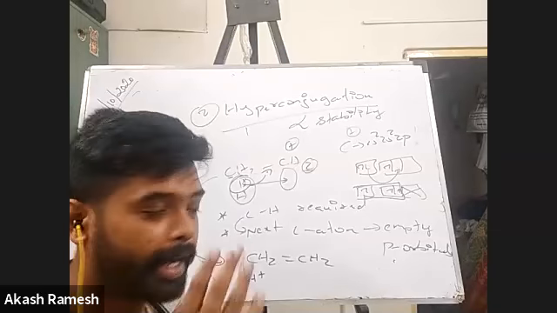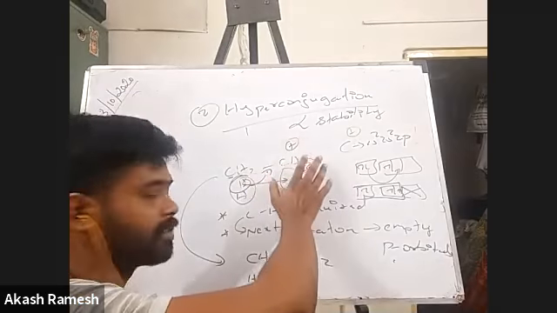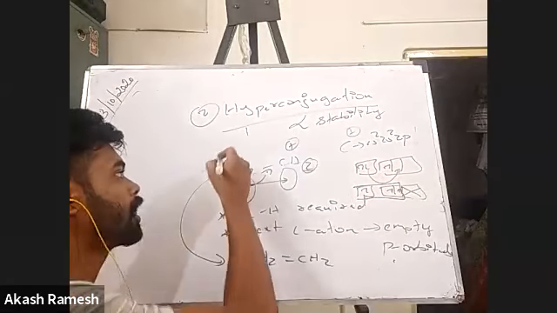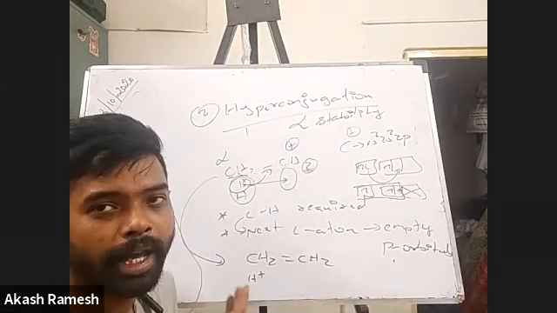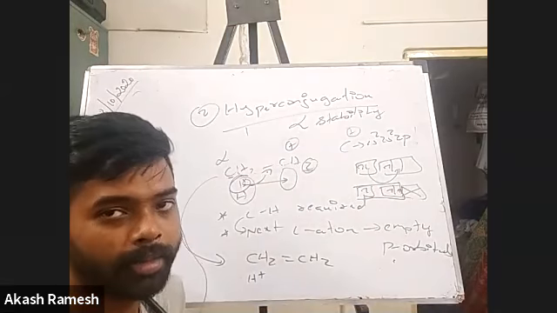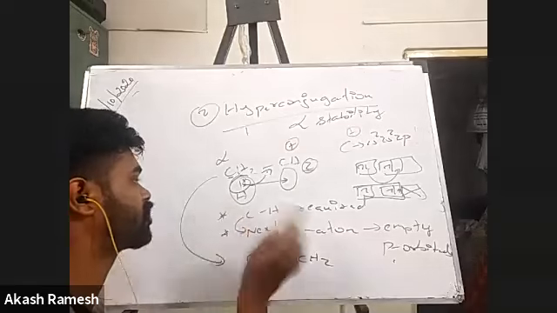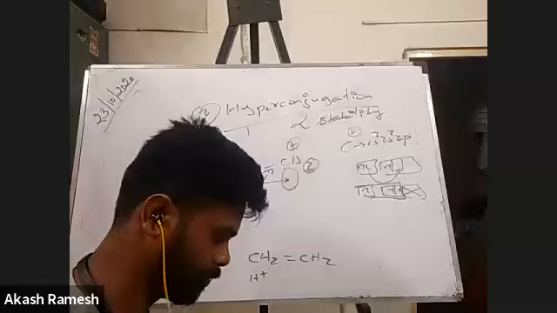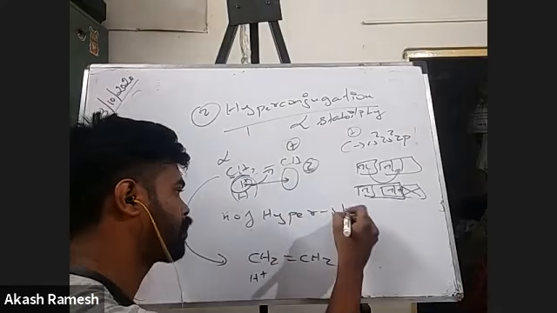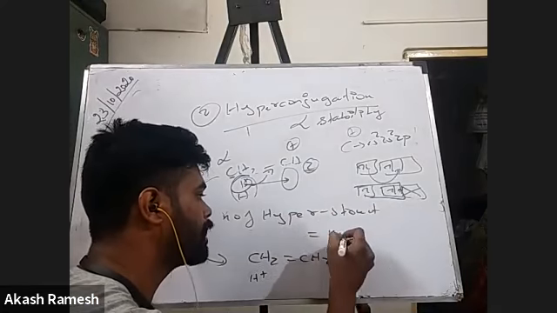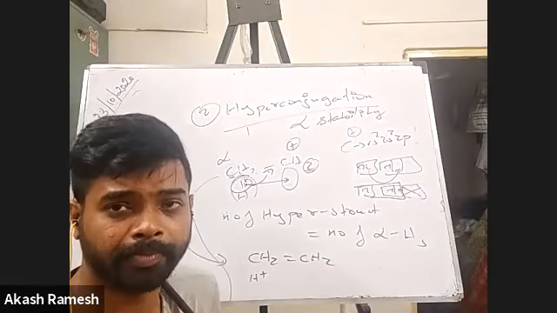So what do you mean by alpha hydrogen? I have a charged species, a radical or a carbanion, whatever it is. The next carbon atom is called my alpha carbon atom. The hydrogen atoms on the alpha carbon atom are called alpha hydrogen atoms. The number of hyperconjugating structures will be equal to the number of alpha hydrogens.